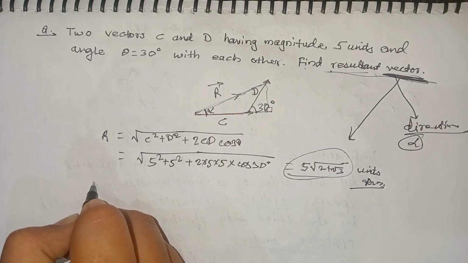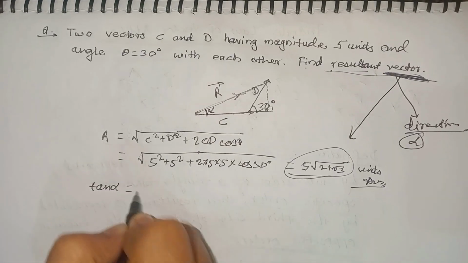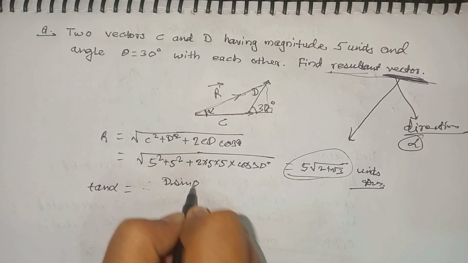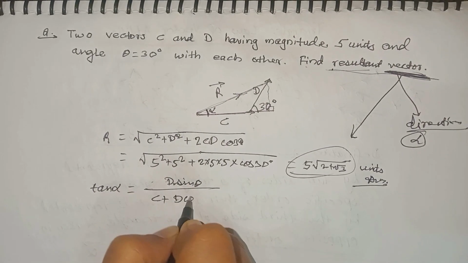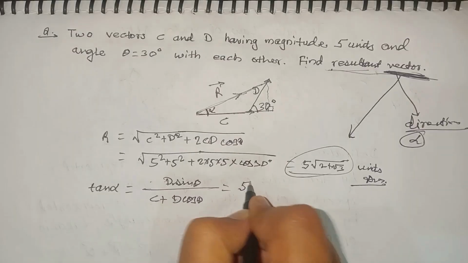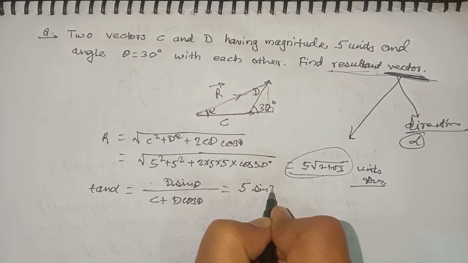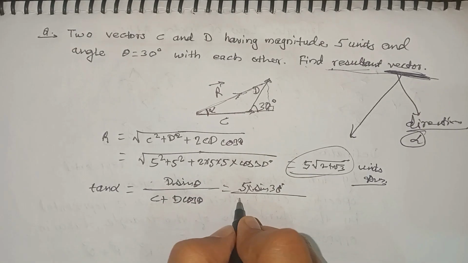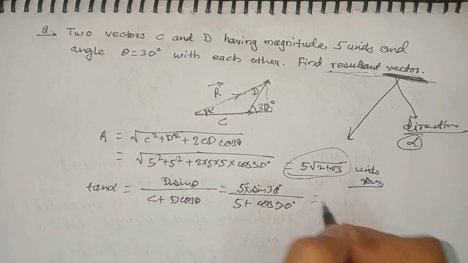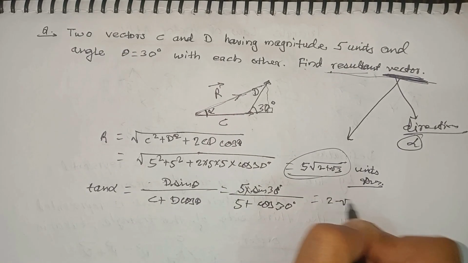This angle will be found by the formula: tan alpha equals D sin theta by C plus D cos theta. Put in these values: the value of D is 5, so 5 sin 30 degrees by 5 plus 5 cos 30 degrees. Solving this, you will get 2 minus root 3.